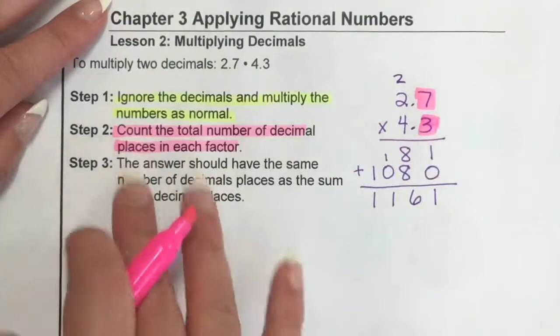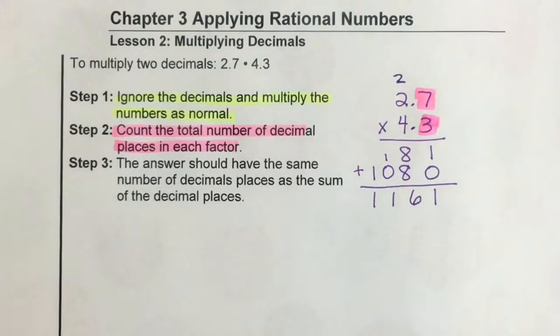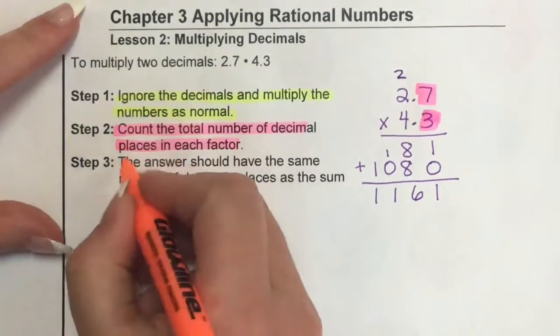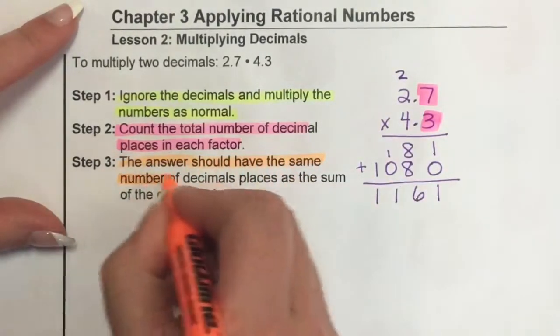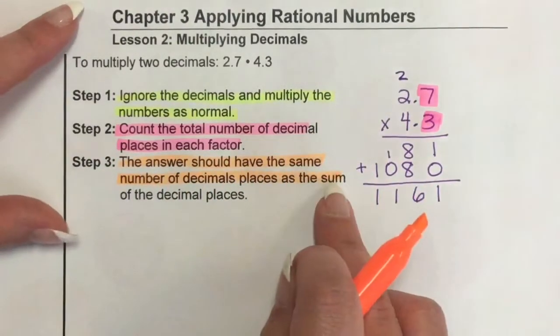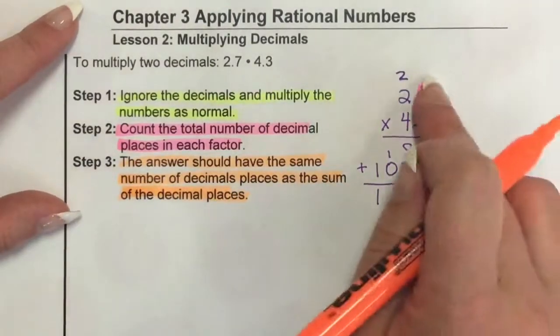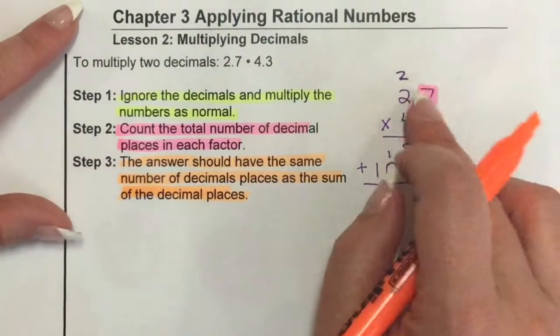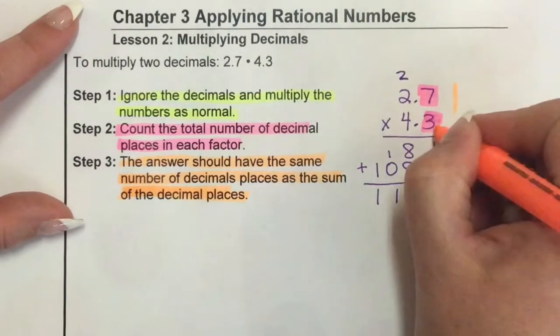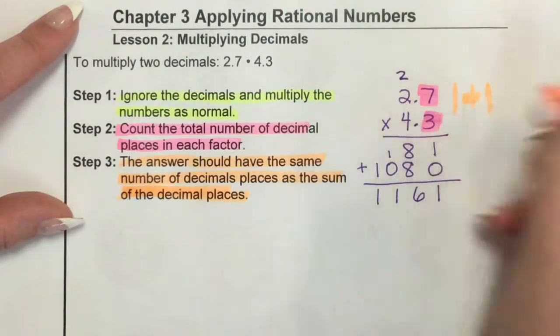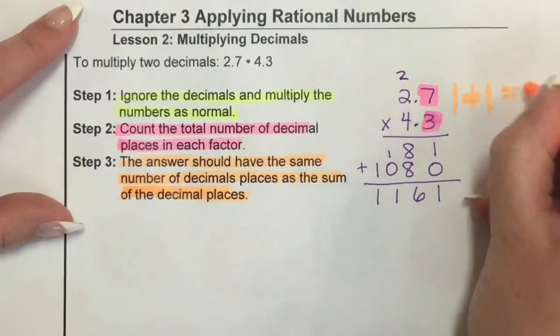So that leads us into step 3, which says the answer should have the same number of decimal places as the sum of the decimal places. Sum means we're adding. So there's 1 decimal place here, 1 decimal place there, so you take the sum, 1 plus 1, which equals 2.